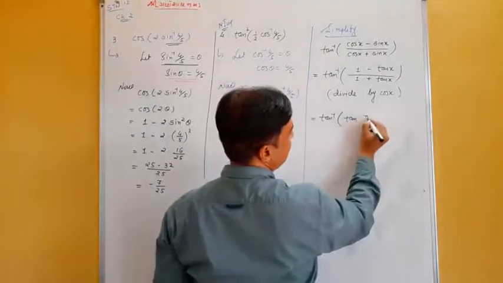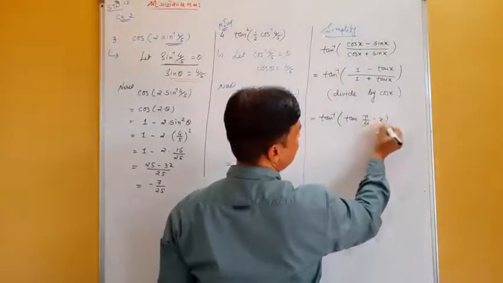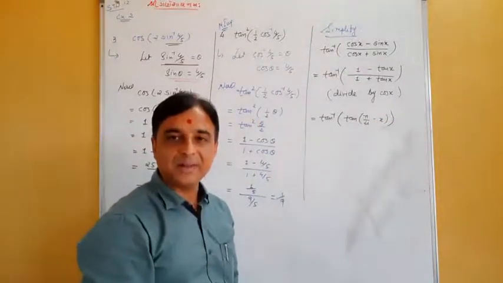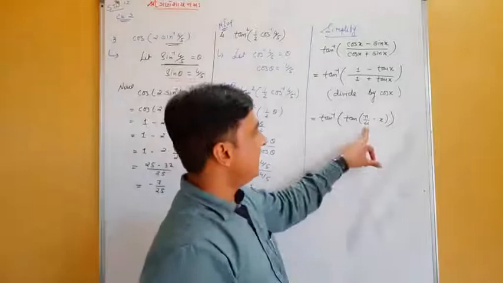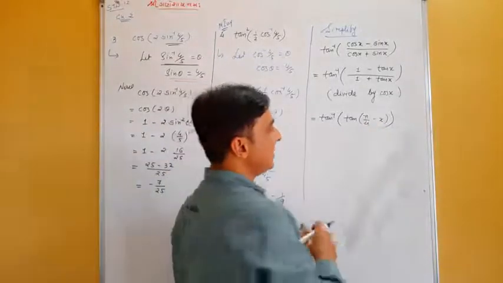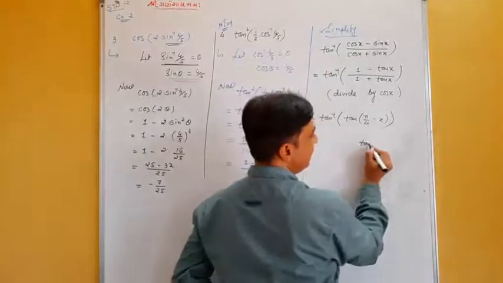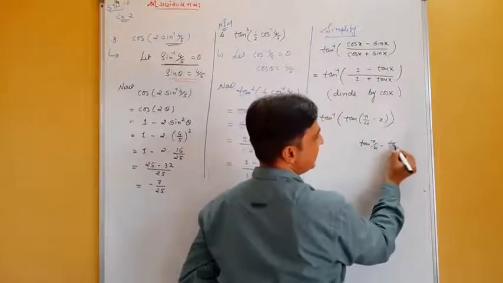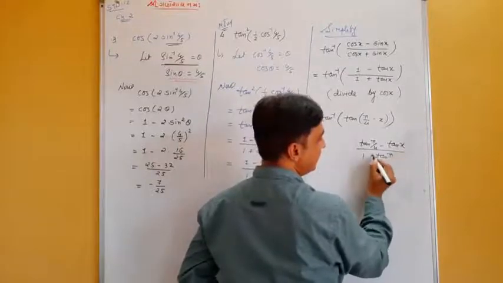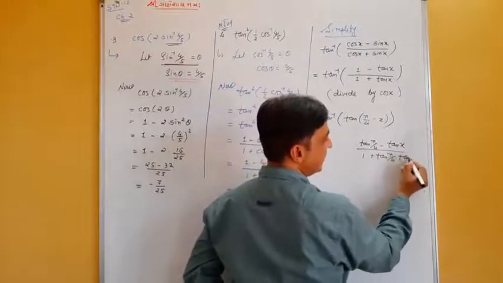This is tan of (pi by 4 minus x). Tan of (alpha minus beta) will be (tan alpha minus tan beta) upon (1 plus tan alpha into tan beta).